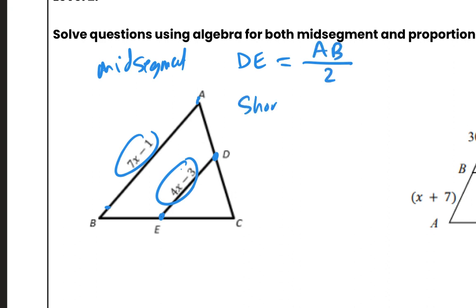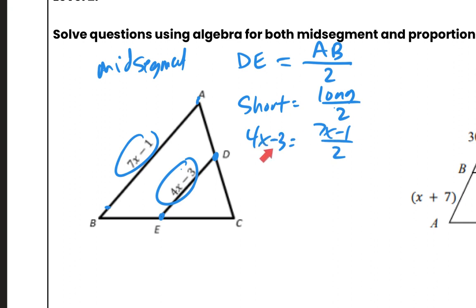So the short is equal to the long divided by 2. Let's set it up that way. So we said 4x minus 3 is equal to 7x minus 1 divided by 2.